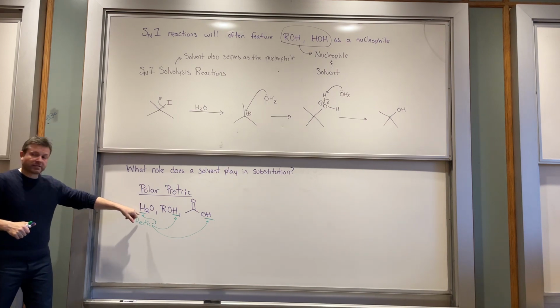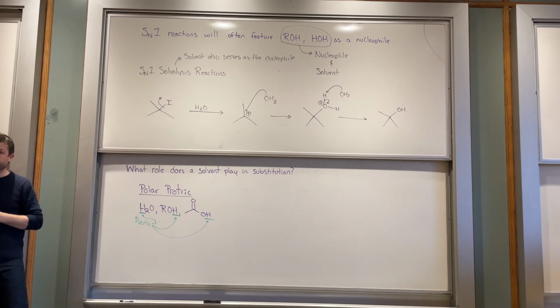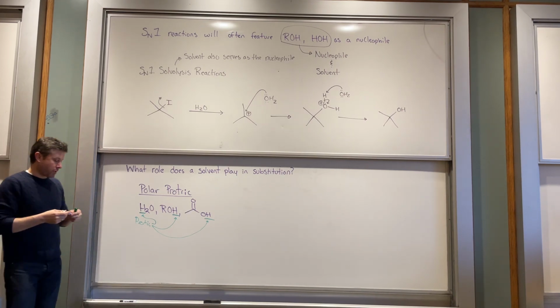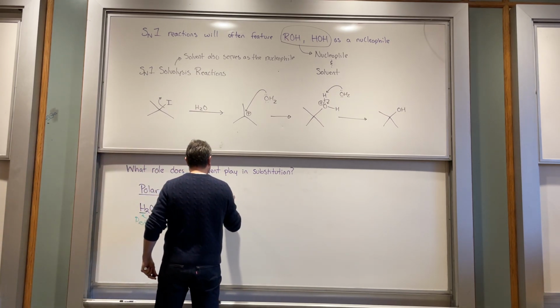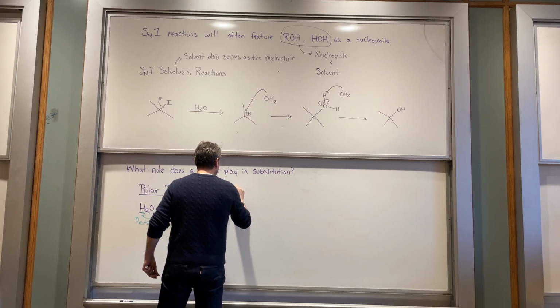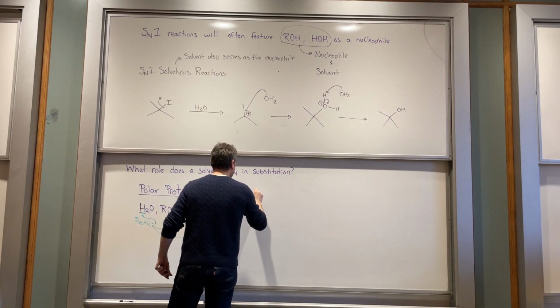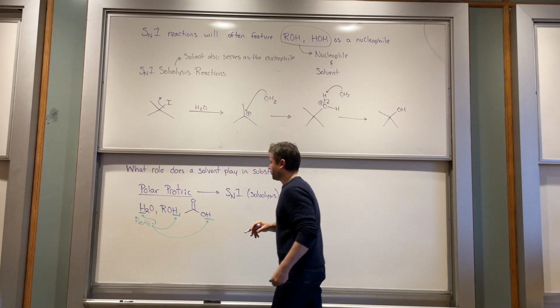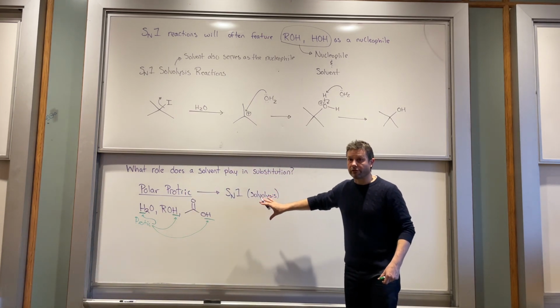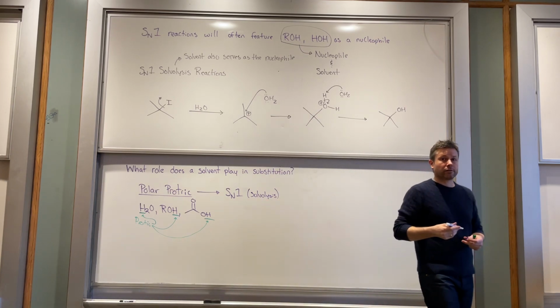So they're protic because they all have a proton that they can give. Okay? And polar protic solvents are typically going to be used for SN1 reactions, and they'll usually participate not just as the solvent, but also as the nucleophile.